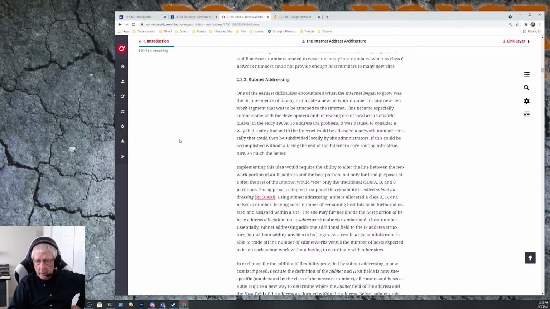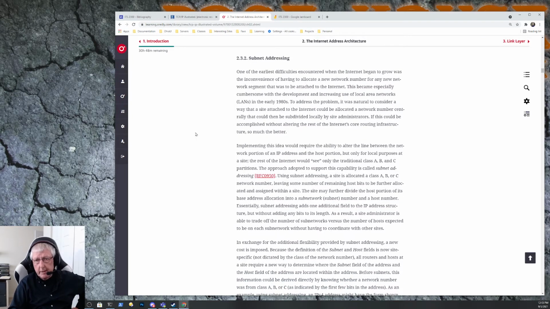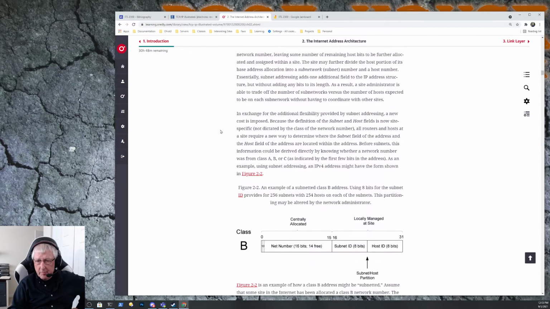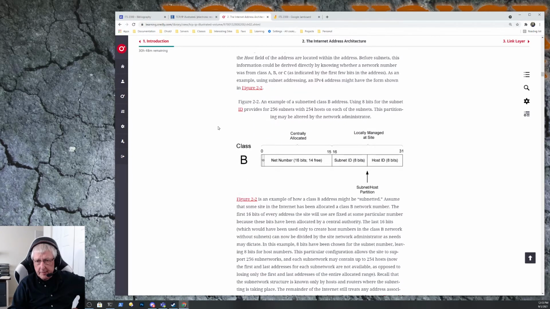It gets even more confusing when we get to section 2.3.2, because we now use the term subnetting and its more modern name, CIDR, somewhat interchangeably. That's unfortunate because in this book they correctly separate the two. So I think you can probably pretty much skip this altogether.